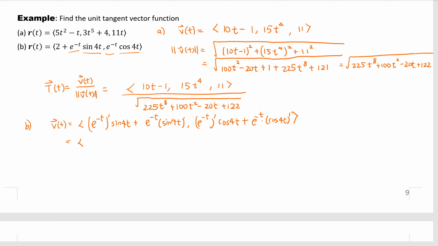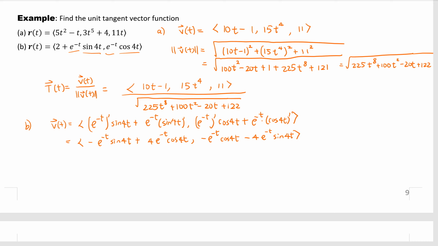This is negative e to the minus t sine 4t, and then the derivative of sine is cosine, but because of the chain rule we have 4e to the minus t cosine 4t. And then here, minus e to the minus t cosine 4t, plus the derivative of cosine is minus sine, but because of the chain rule there is an extra 4 in front, and this is sine 4t.